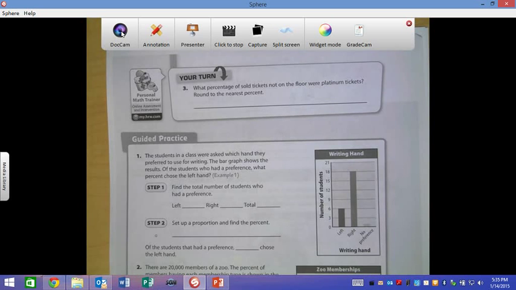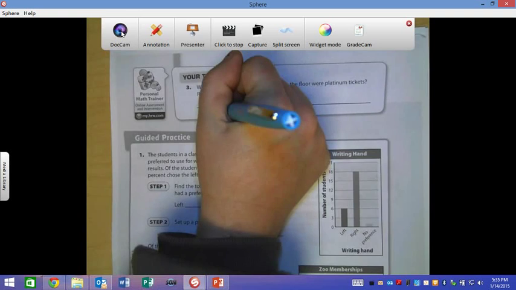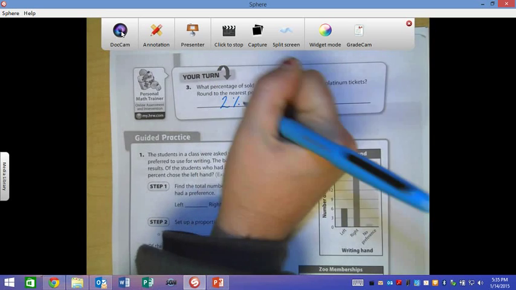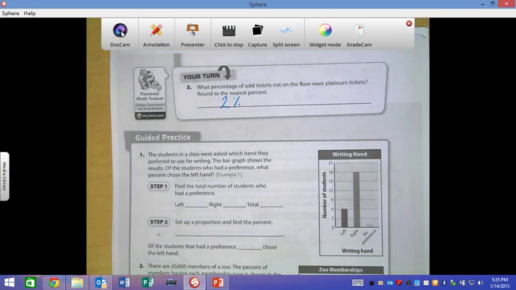No work, no credit. When you work it out, you should get 2% as your answer. Notice it says round to the nearest percent. So if you did not round, you need to make sure that you're really fully reading the directions.